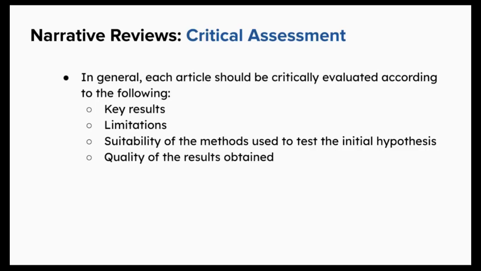Quality of the results is something that you're going to hear a lot about when it comes to systematic reviews. There's a heavy focus on the quality of the research.